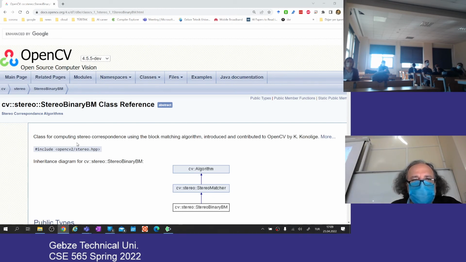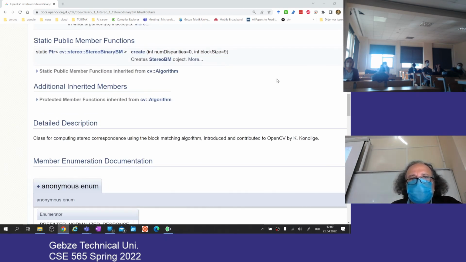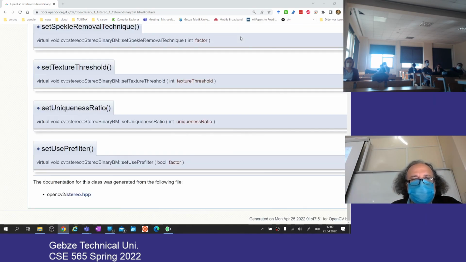Oh, okay. Block matching was introduced to contribute to OpenCV by this. They have implemented their own technique here, and I don't know whether they have any algorithm specification here.